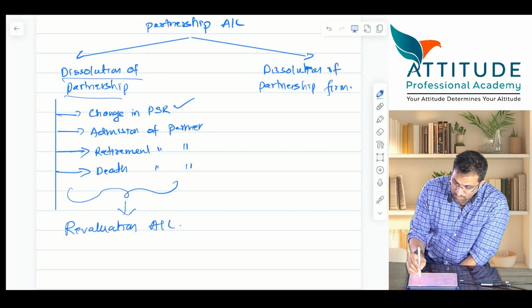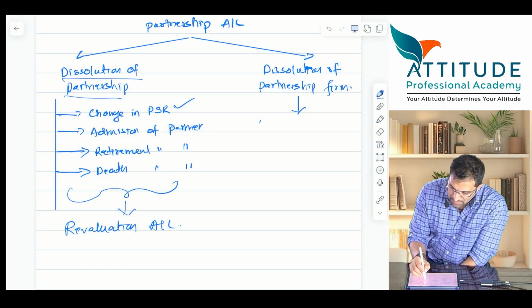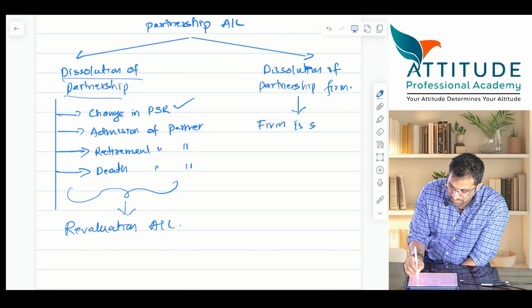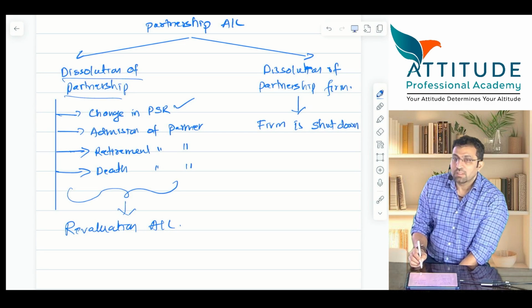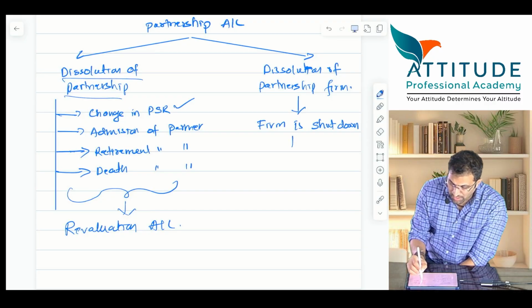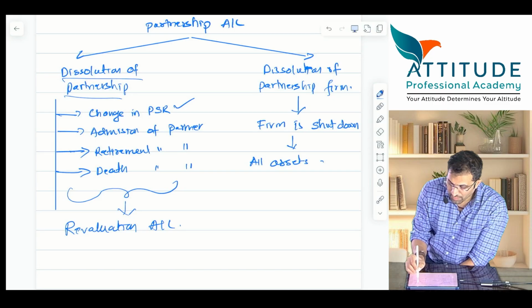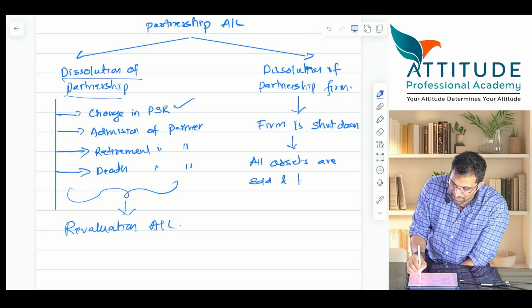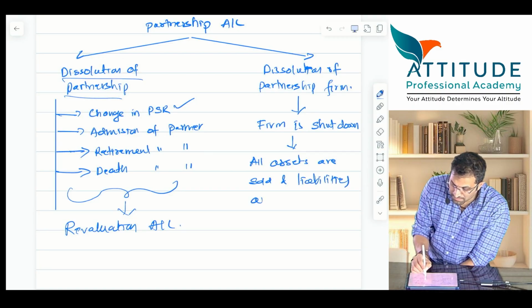Okay? Now, in dissolution of partnership firm, the firm is shut down. Shutter band. It means that all the assets are sold and liabilities are settled.